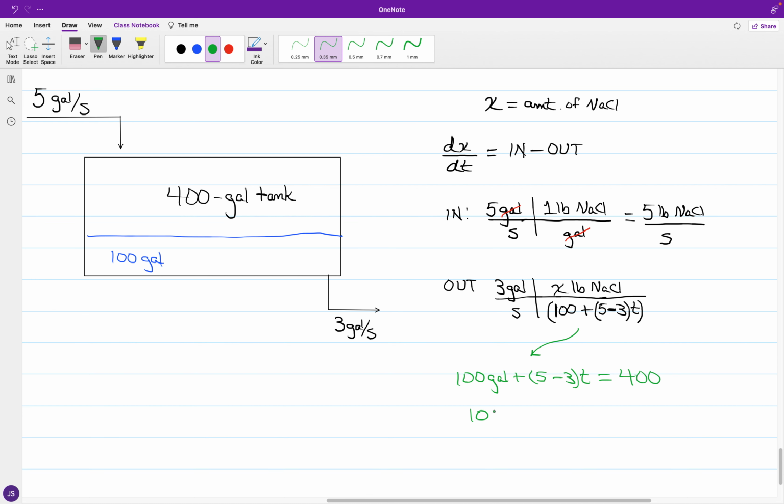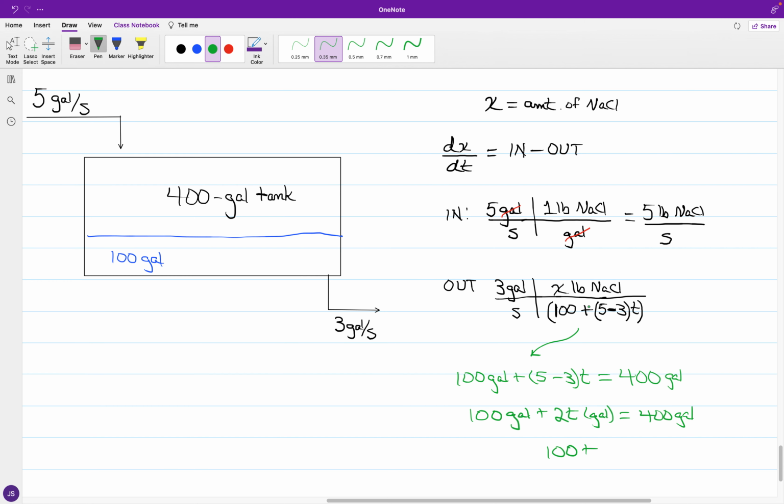So right now we have 100 gallons plus 2t, which is also in gallons, equal to 400 gallons. So we have the solution volume.